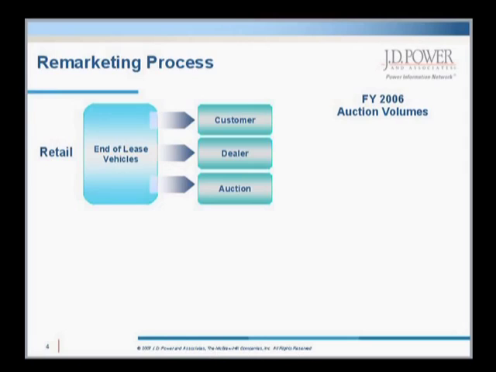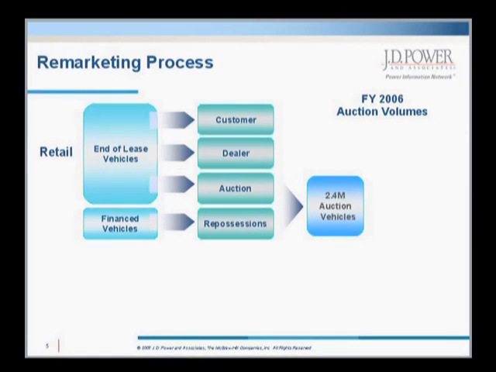And if the dealer is not interested in the vehicle, the manufacturer or the finance organization then takes the vehicle back to the auction. The other situation is where somebody is not able to make the payments anymore and the vehicle gets repossessed. And so between the vehicles that manufacturers and banks take back to the auction and the repossessions, last year 2.4 million vehicles came out of the retail market.